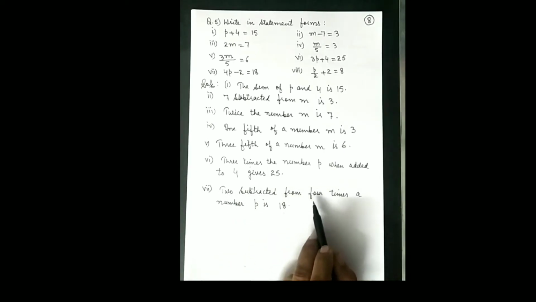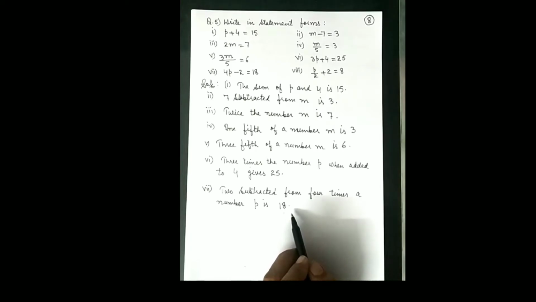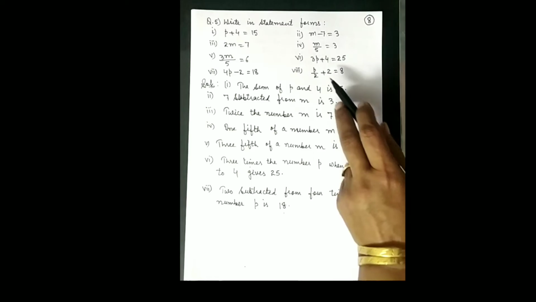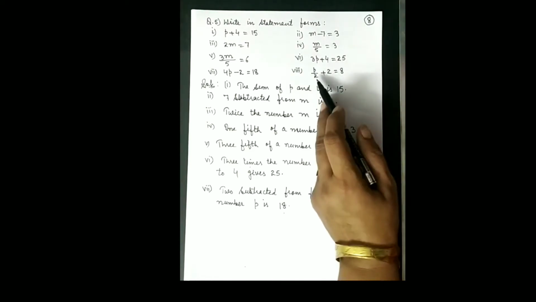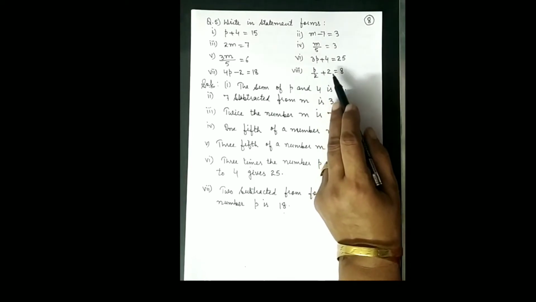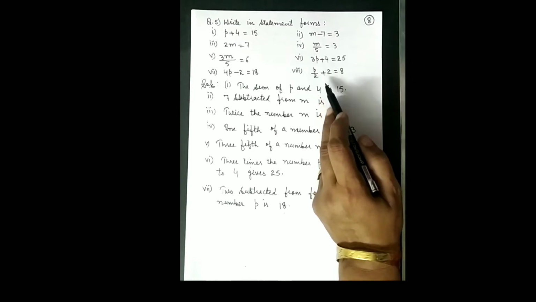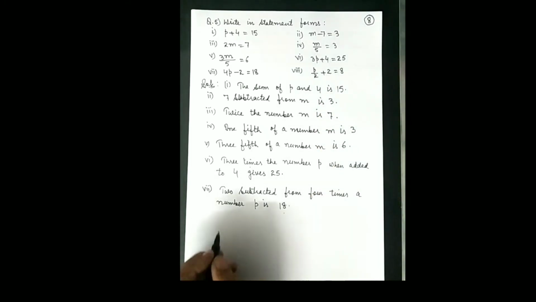2 subtracted from 4 times the number P is 18. Last part of this question, P upon 2 plus 2 is equal to 8. Now 2 is added. Added to which number? P upon 2. What is P upon 2? It is half of a number P. So how will you write?